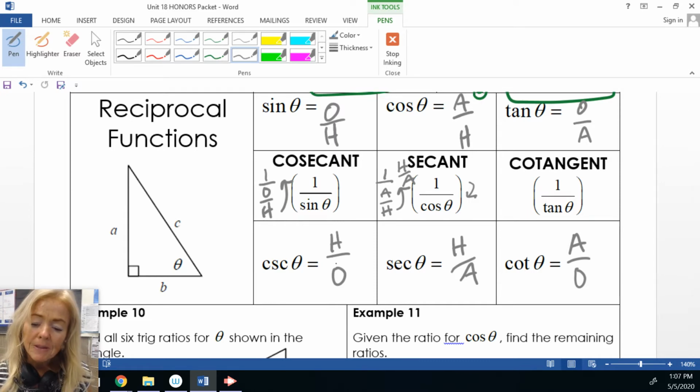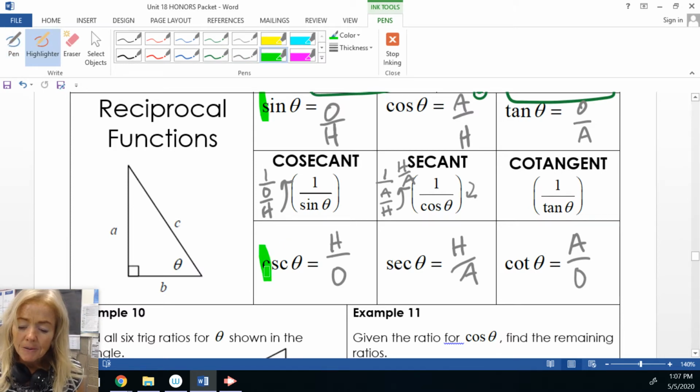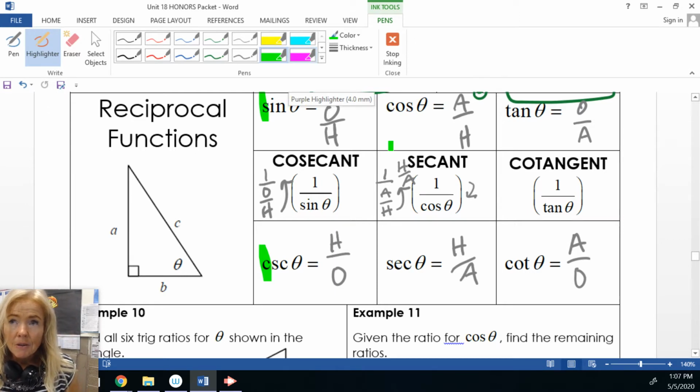Now, the way I remember these, oddly enough: sine and cosecant are reciprocals. Notice they have not the same letter, but the other letter. Secant starts with an S, but it is not the reciprocal of sine. It's the reciprocal of cosine. So sine's reciprocal is cosecant.